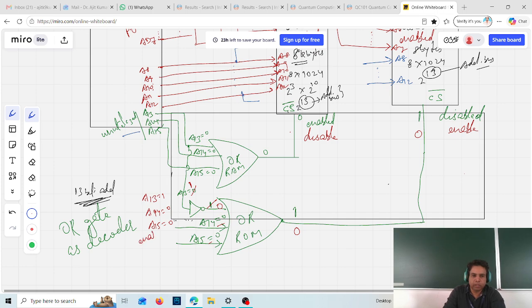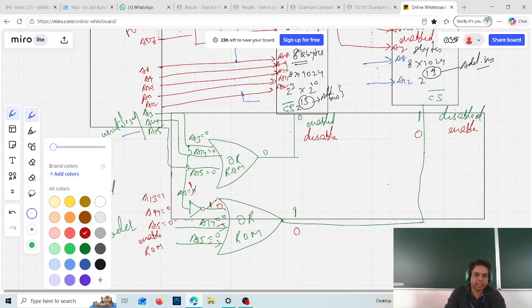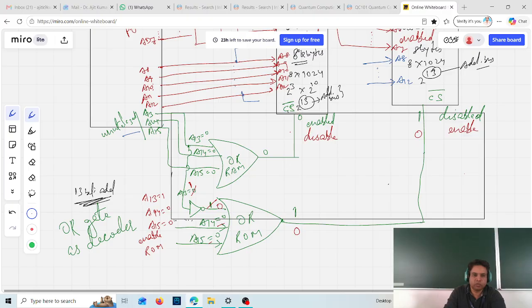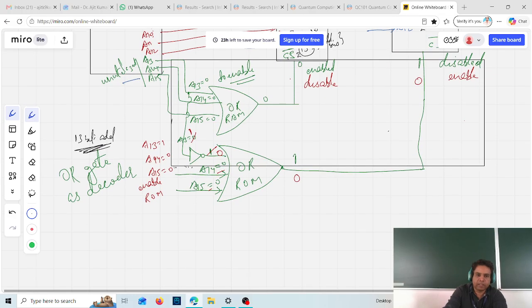And if you want to enable the RAM, then in that case, A13 should be 0, A14 should be 0, A15 should be 0 to enable RAM. This is how it is going to decide the range of address for both ROM and RAM. So we will see here what the range of address is. I'll write the final answer, that is the range of address.